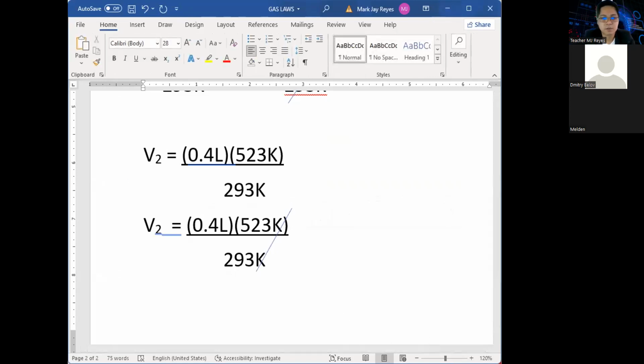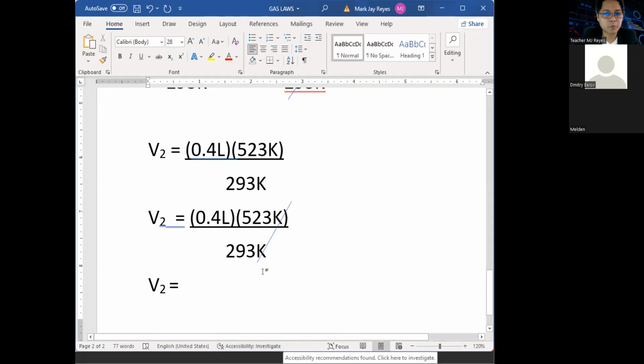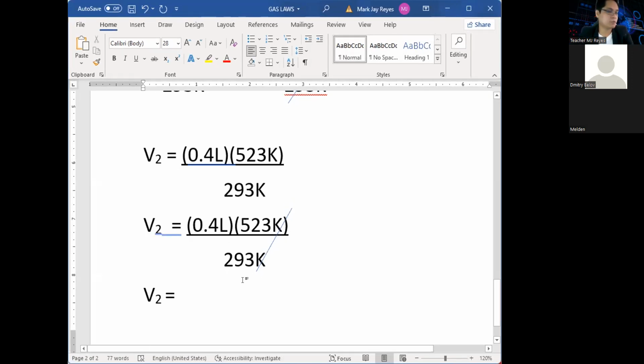So it actually boils down to V2. We still have 1 minute left, so let's make it faster. V2 is equal to 0.4 liters times 523.